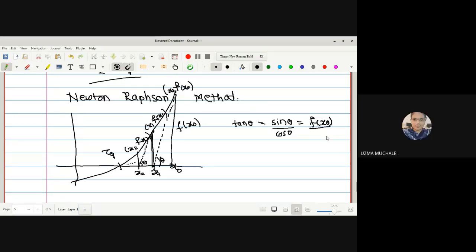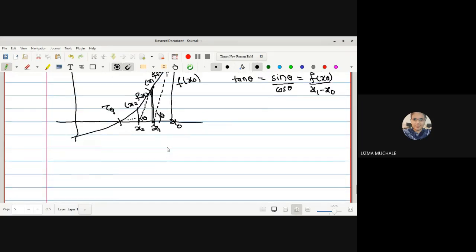Yes, ma'am. Divided by the adjacent side. What will it be? x1 to x0, which is x1 minus x0. Correct. So now we can have this as x1 minus x0 is equal to f of x0 divided by tan theta. Now tan theta is nothing but the slope of a tangent at a point. Right? Slope of a tangent at a point is given by tan theta.